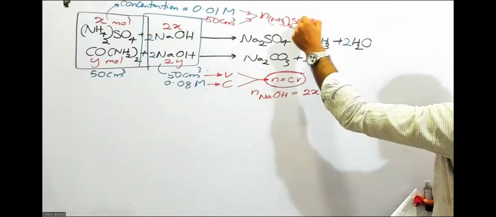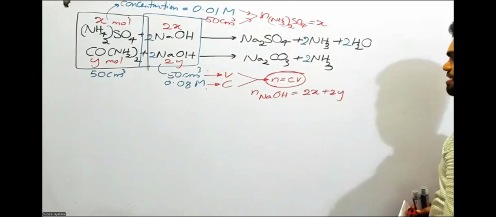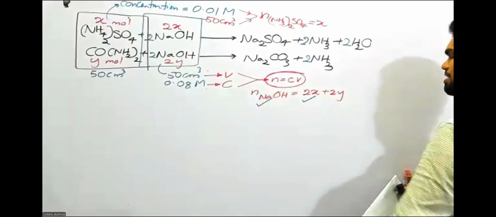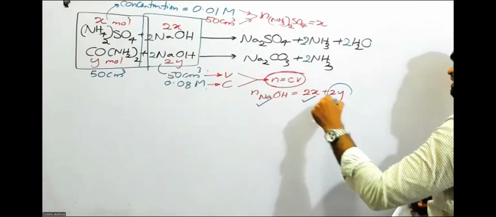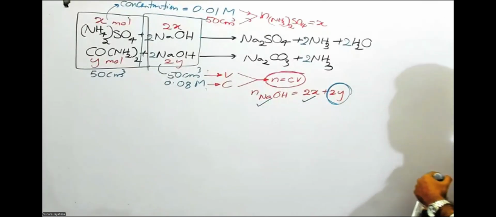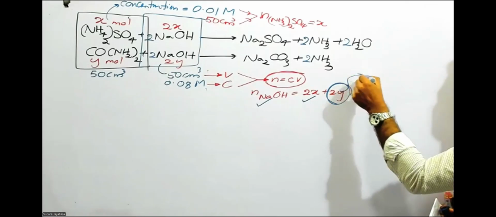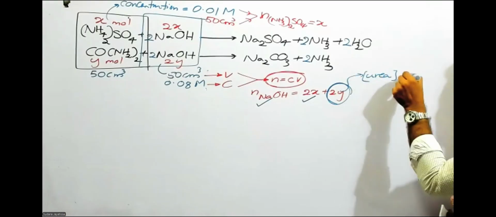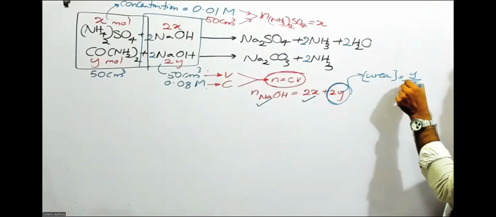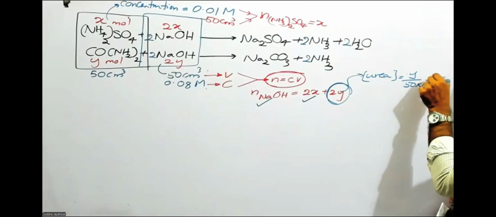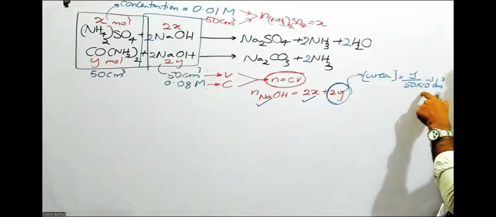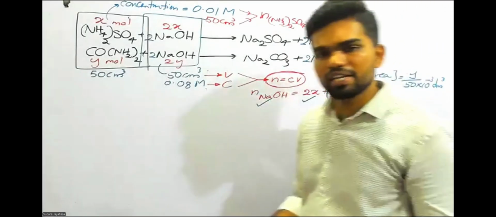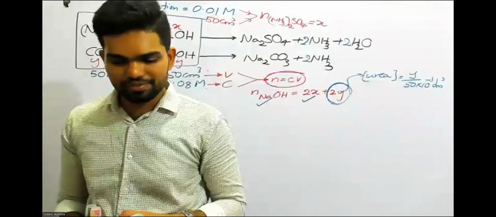So that means X. So we know what is X. So if you know X, and if you know sodium hydroxide total moles, you can find out the moles of Y. That means urea moles. So then from this one, you can get into the urea concentration by dividing Y over 50 into 10 to the power minus 3 decimeter is the volume. That is the method. See, without doing any calculation, I can explain you the method.